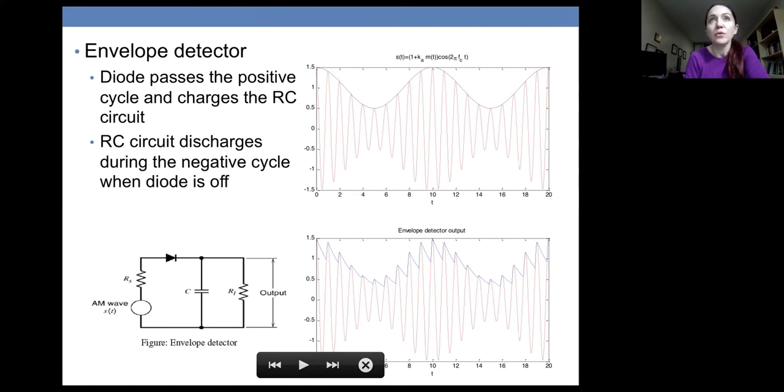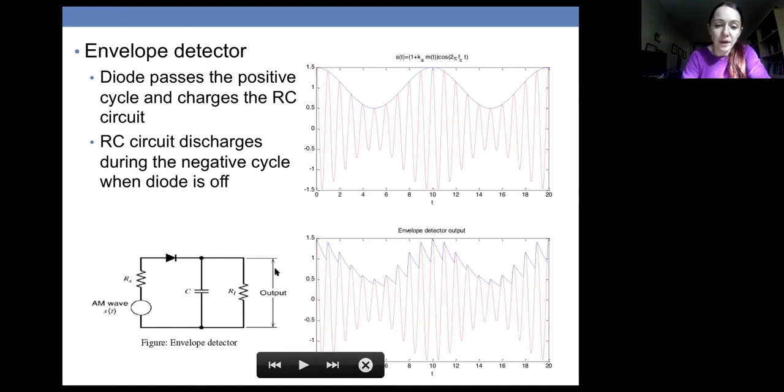Okay, now you may say, well, how fast does it decay? How fast it decays is an issue that will control how well this envelope detector works. Is this clear?